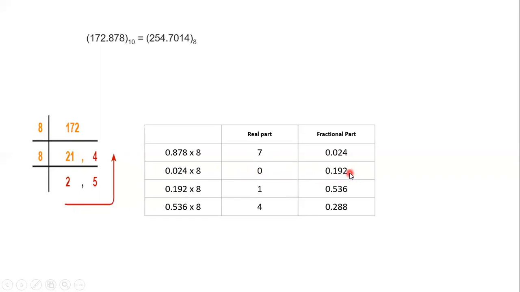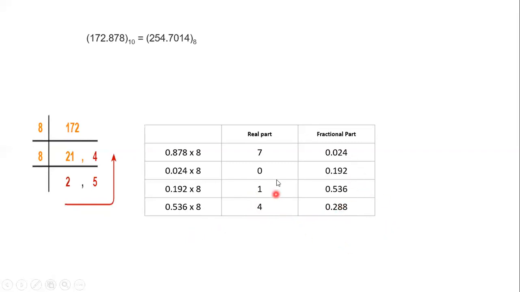Then 0.192 times 8, 1.536. Therefore, real part 1 and the fraction is here 0.536. Then again 0.536 times 8, 4.288. Therefore, you take the real part here and fractional part here. Again, if you multiply, this is going on.